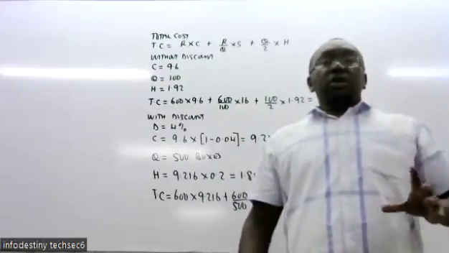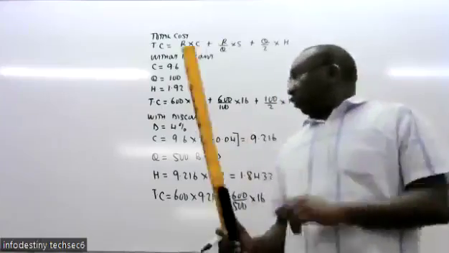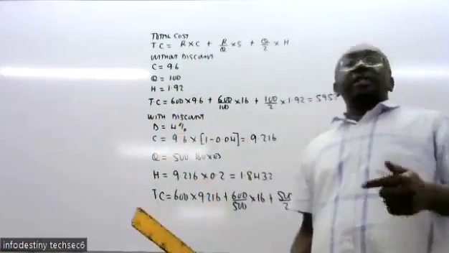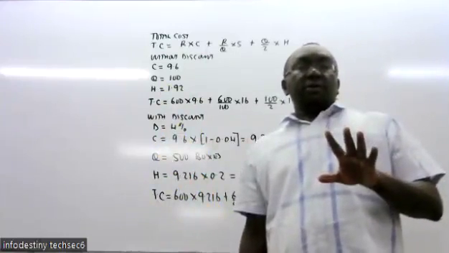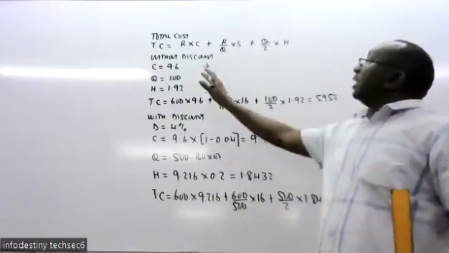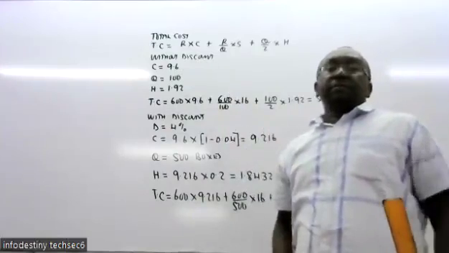So EOQ, or the number of units that you buy at a time, first of all, Q, but it need not necessarily be the most economical. But when you use the formula that we have, that's when they say to be the most economical.